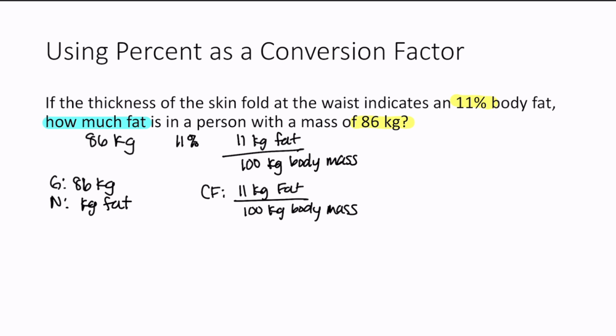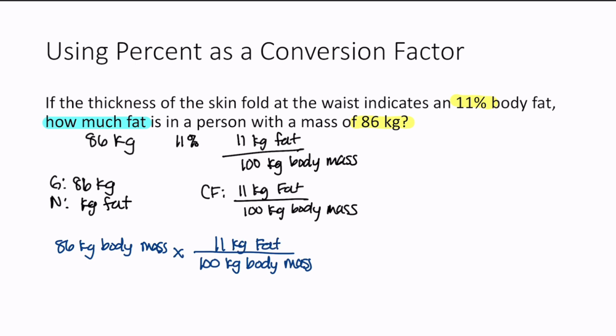Again, I'm going to start with my given 86 kilograms. What you need to realize is this is body mass. This is the entire mass of the person. So I'm going to write my conversion factor exactly as I have it written here because that gives me kilograms of body mass on the bottom. And now I have 11 kilograms of fat on the top.